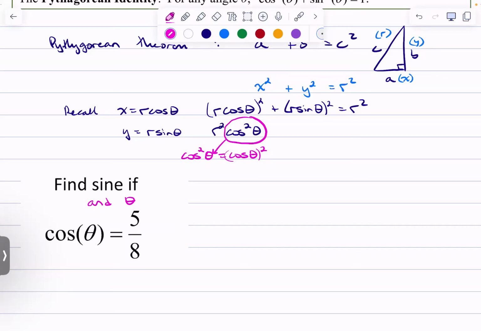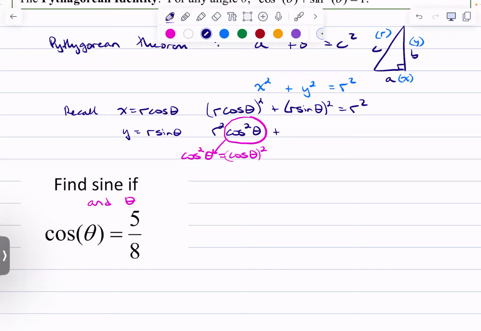Which is how you would have to do it on your calculator, because I'm pretty sure it doesn't have a cosine squared button. That's okay. And so this is just notation for the cosine, then square it.